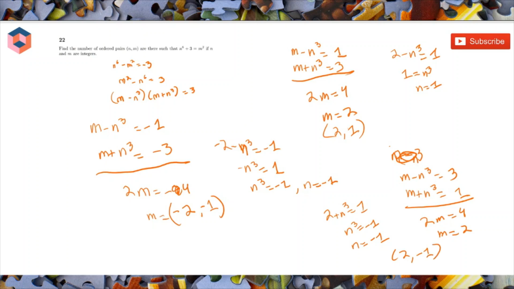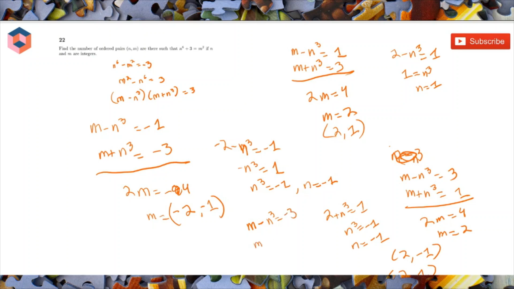So our final solution, I suspect, if we look at the last case, is probably going to be (negative 2, positive 1). But it doesn't hurt to check. If you have time, you should always check. So m minus n cubed equals 3, and m plus n cubed, no, not 3, is equal to negative 3.